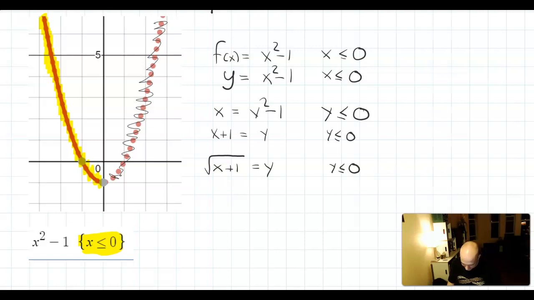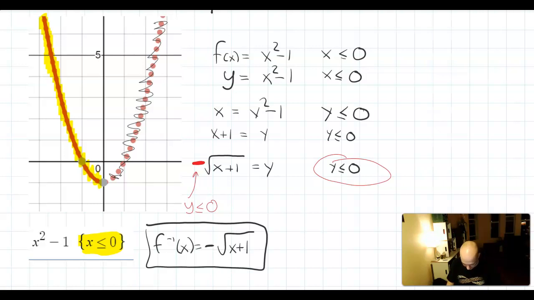But when I get to this step, earlier I would have had to put the plus and minus on here. However, I have this restriction that y is less than 0. So I'm only going to write the negative part, since my restriction was y less than 0. And now I have the inverse function created. So we'll write f inverse of x is equal to negative root x plus 1.